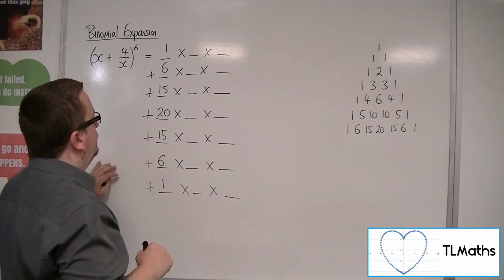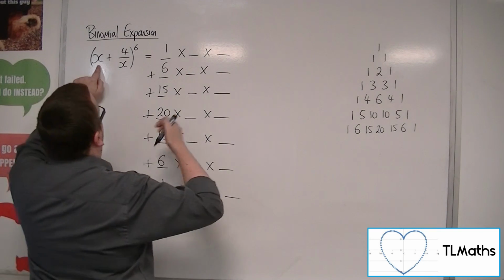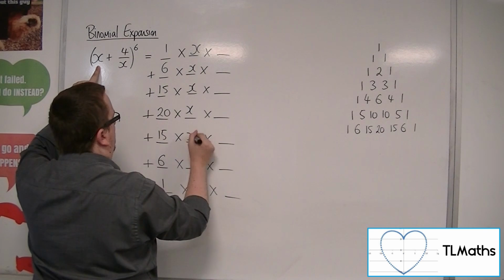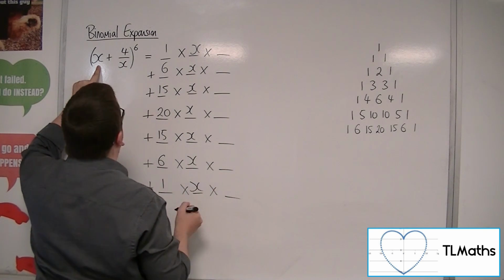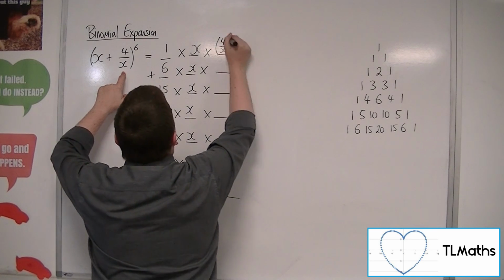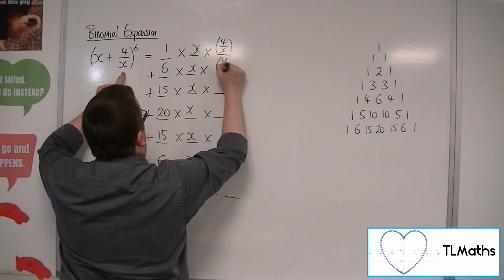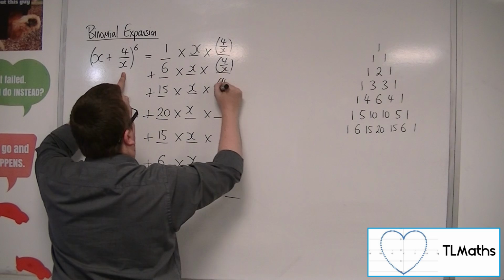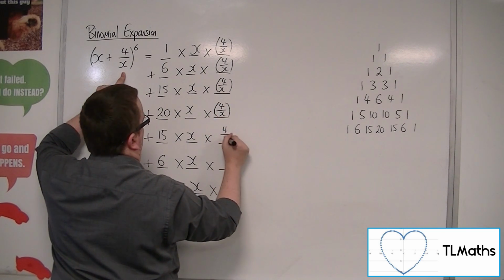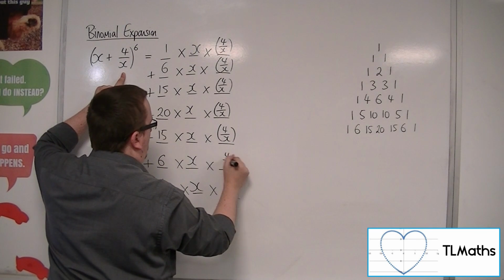In the middle row I'm going to have the x, so x, x, x, x, x, x and x. And then in the last row I've got 4 over x, so 4 over x, pop it in a bracket, and we keep going.